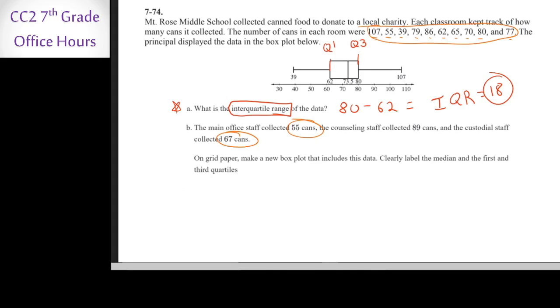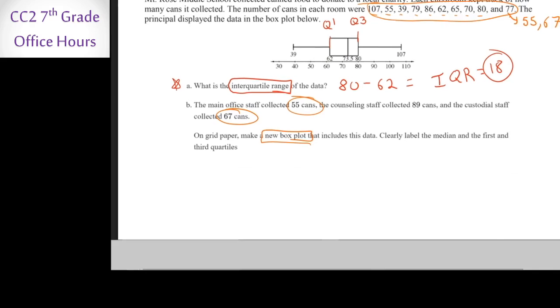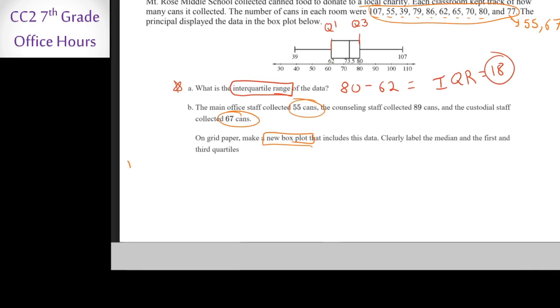So the trick is that you take these 10 numbers and then you also add in 55 and 67 to them. So you're adding 2 more points of data. And anytime you're supposed to do a box plot, step 1 is to always go in order from least to greatest. Okay, least to greatest.